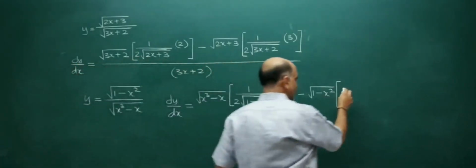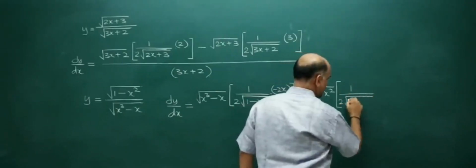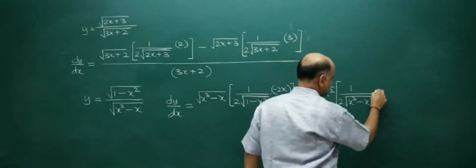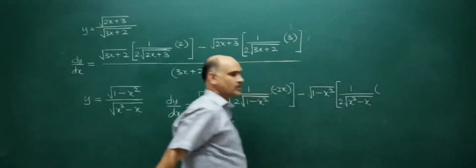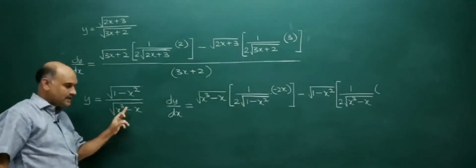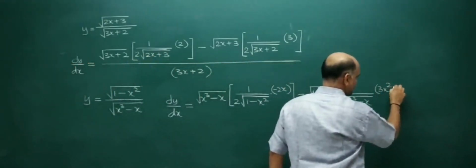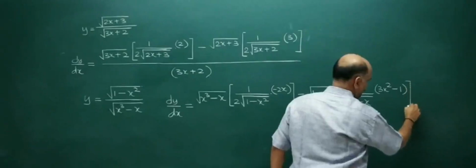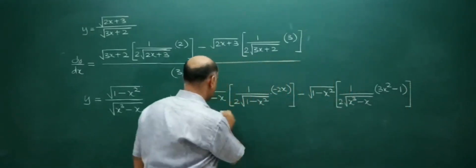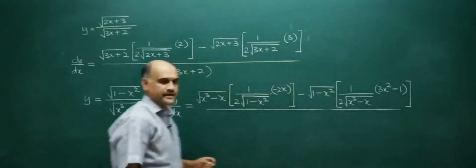So differentiation of denominator is 1 by 2 root of x cube minus x into differentiation of the term inside the root, 3x square minus 1, whole divided by denominator square.